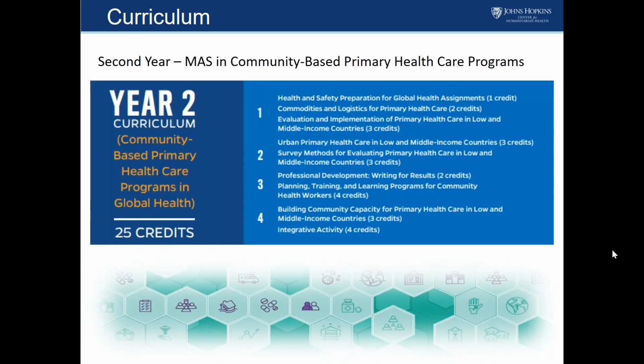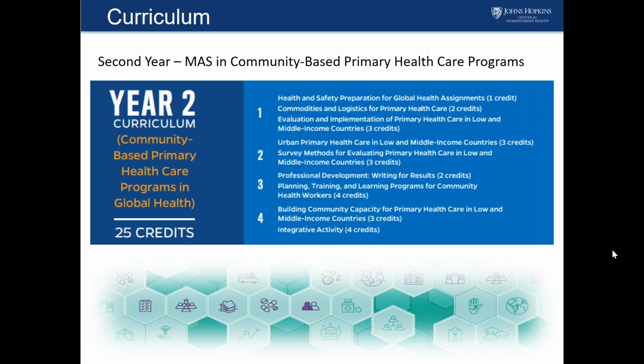Okay. Then, after you've completed the certificate courses, you can branch off into either the community-based primary health care or the global health planning and management. So again, in the first term, we have actually 3 courses available.